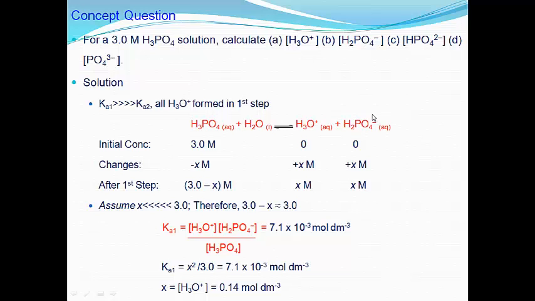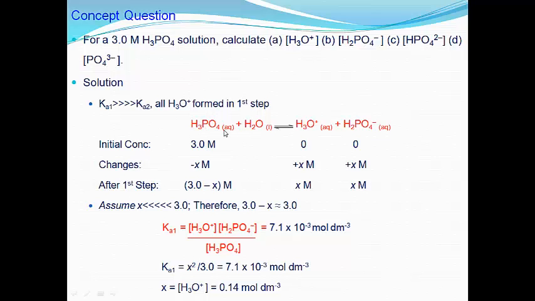Having done that for each step, what we should do is write down the initial concentration of the species, then determine what the changes that occur in the ionization processes are, and then find out what the concentration is after the ionization step has been undergone.